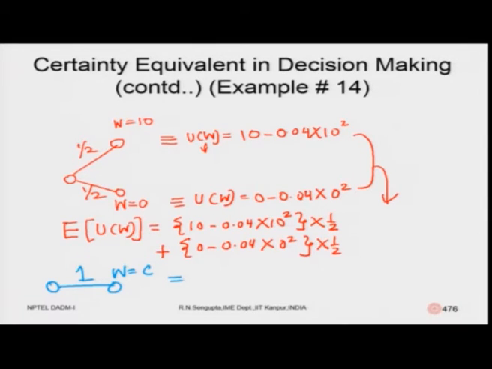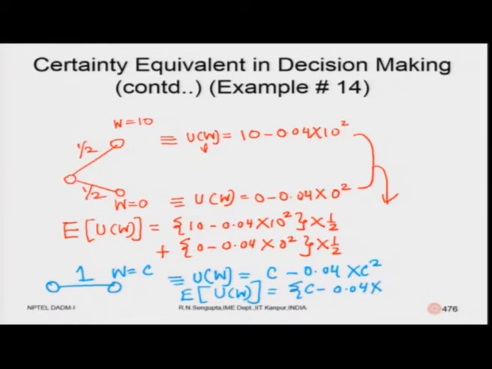When I want to find out the utility function for w, in this case it will be c minus 0.04 into c square. I want to find out the expected value, so the expected value in this case would be c minus 0.04 multiplied by c square into 1.